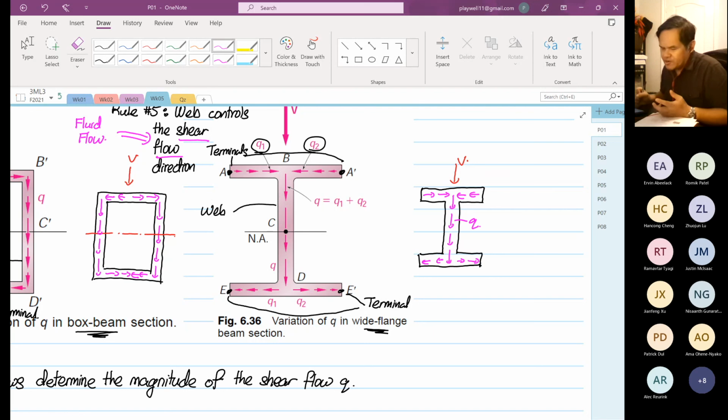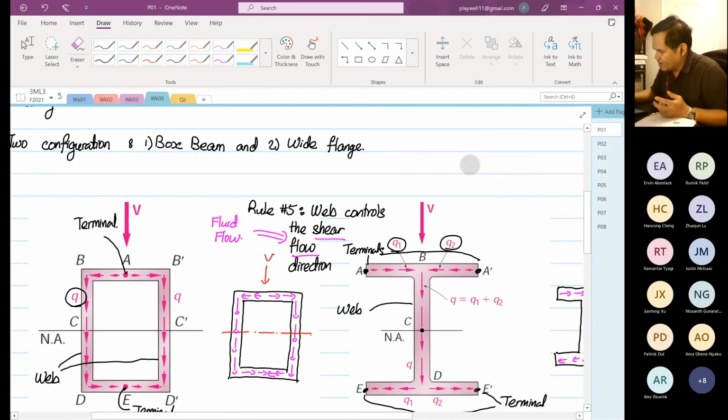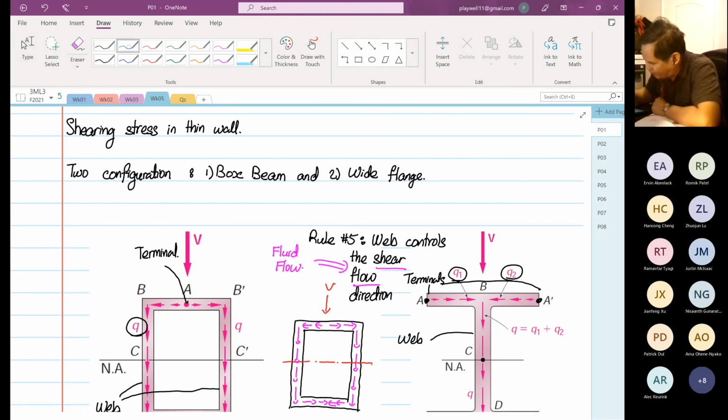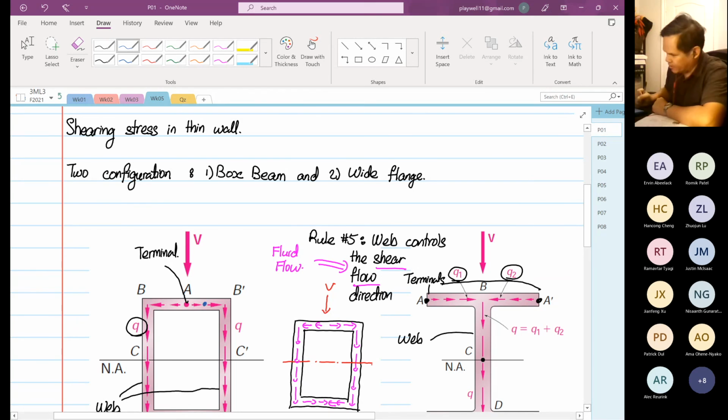Now, the next thing is, what is the difference between thick wall and thin wall analysis? Remember, this is thin wall analysis. So I'll write down the difference for you now. Let's say you want to find the shear flow at this point.